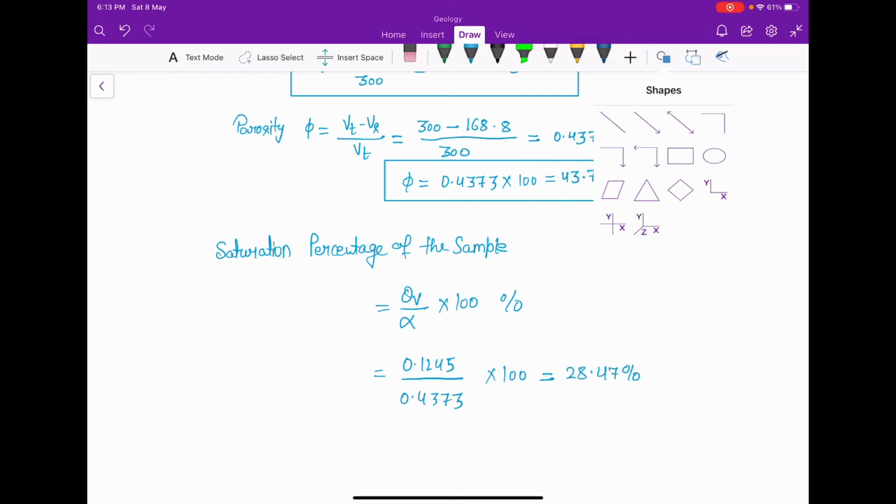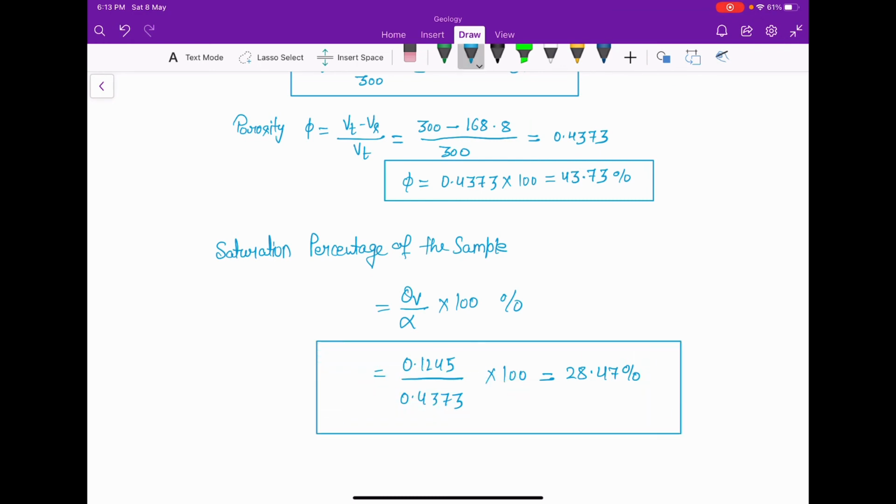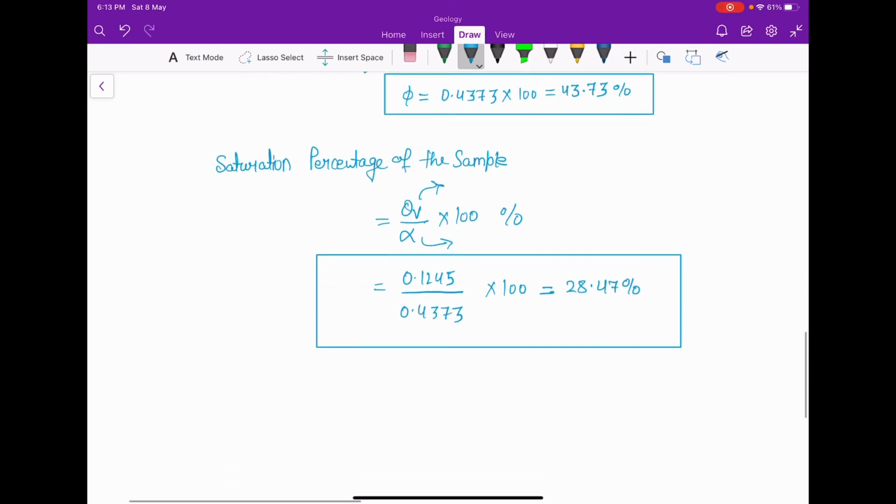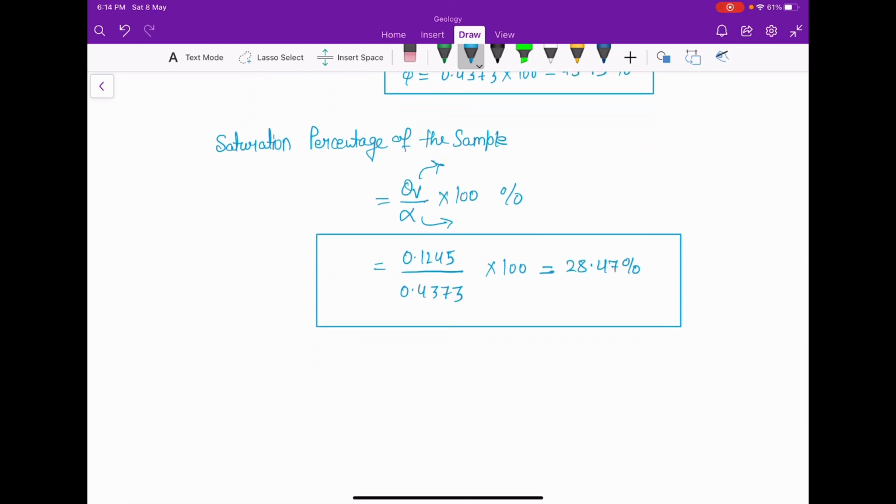So the water saturation percentage of the sample is 28.47. Please note that these values we put in terms of decimal, not in terms of percentage. So the water saturation percentage is 28.47.